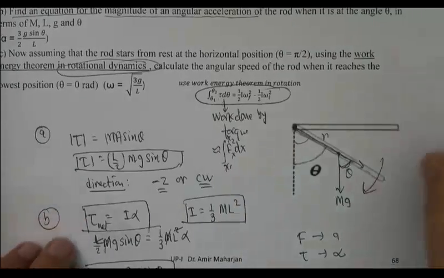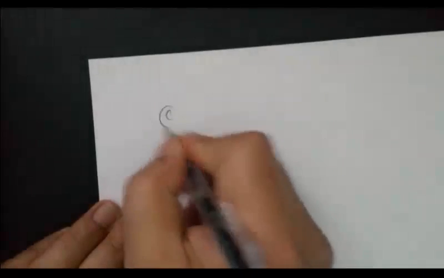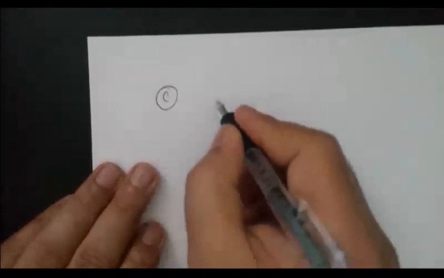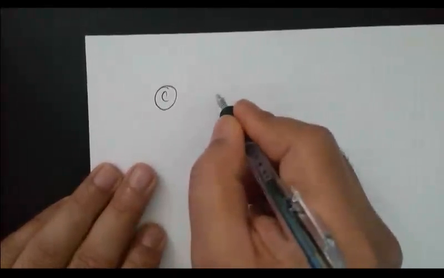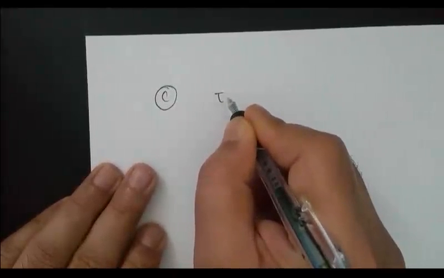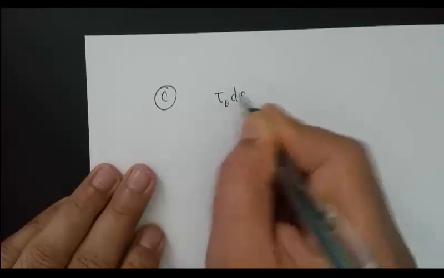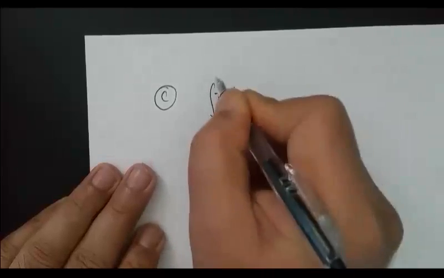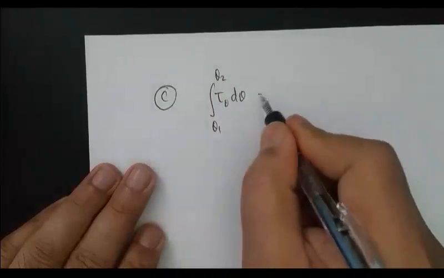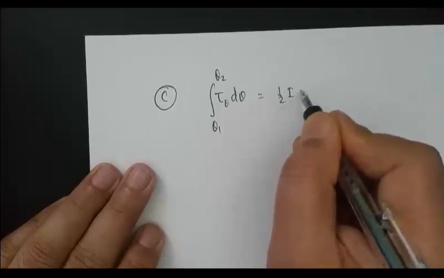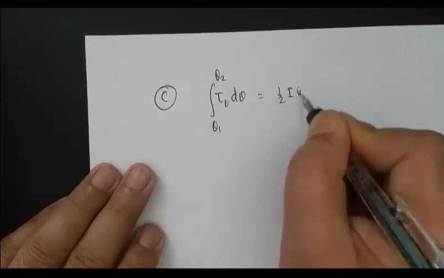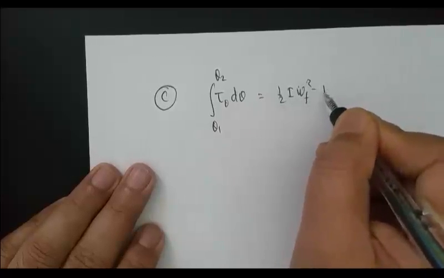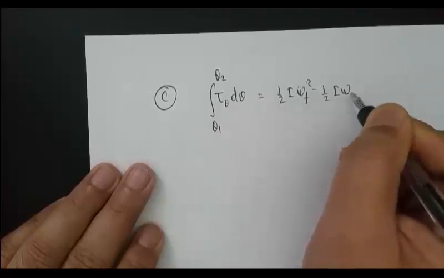So we can do the same problem using a slightly different approach. I'm going to quickly show that. The work done by torque, torque times d theta, from the initial angle to the final angle, is 1/2 I omega final square minus 1/2 I omega initial square.